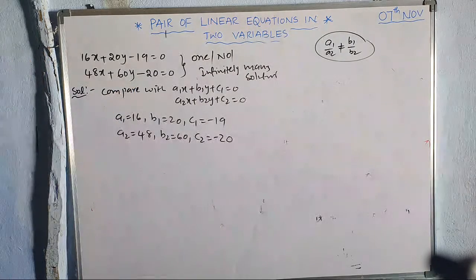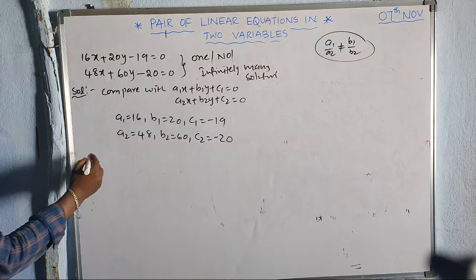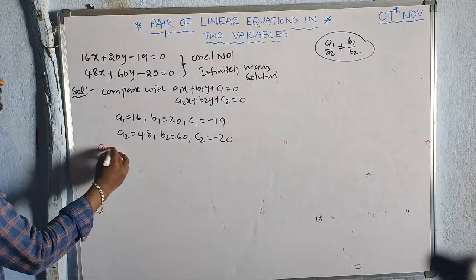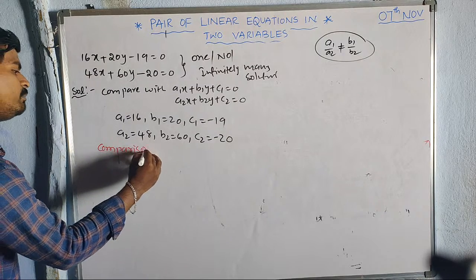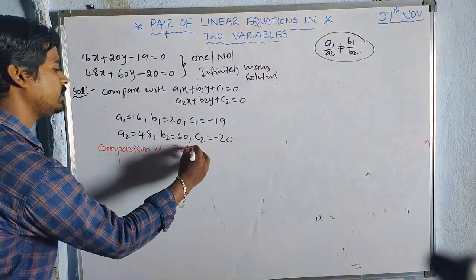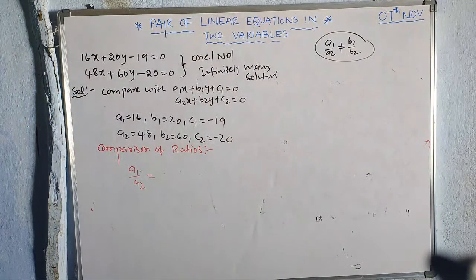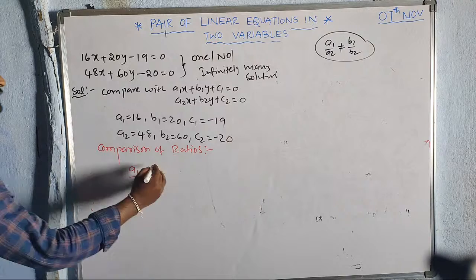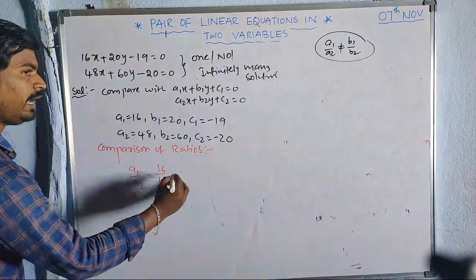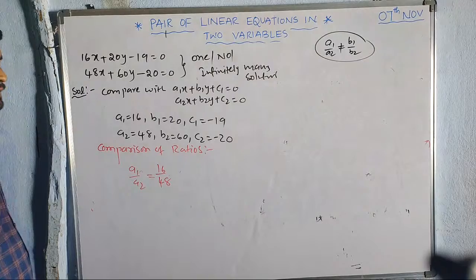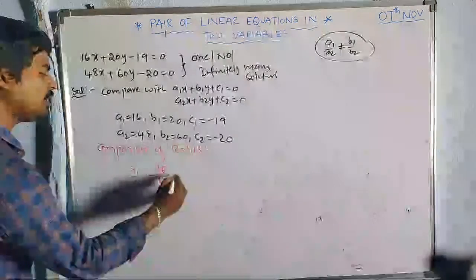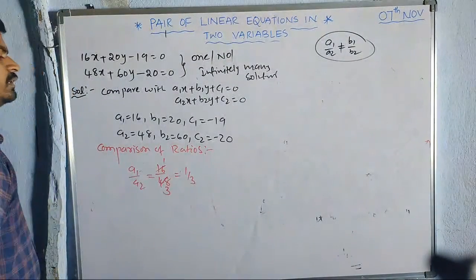So friends, you observe carefully here. After writing this, we have to find the comparison of ratios. First a1 by a2: 16 by 48. 16 1s are 16, 16 3s are 48, so 1 by 3 is the answer.